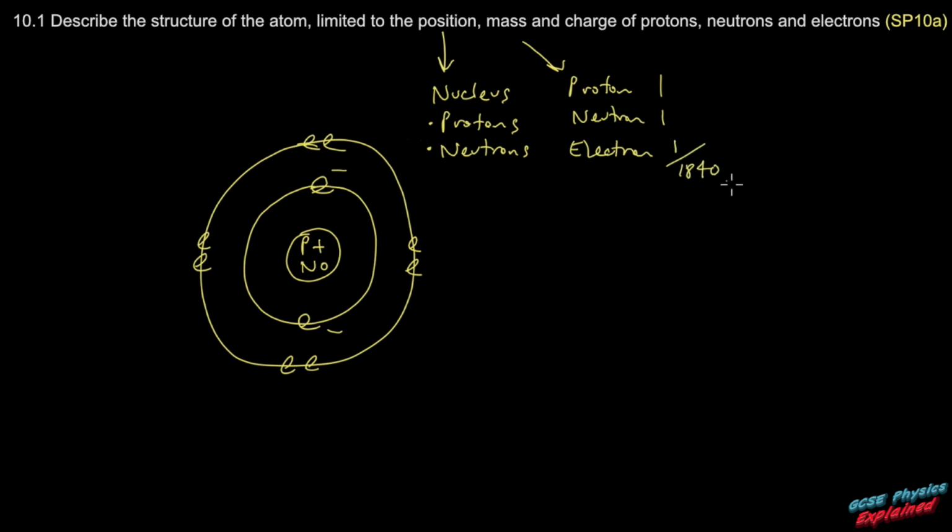So it's nearly 2,000 times lighter than a proton and a neutron. The charge on a proton is +1, the charge on a neutron is 0, the charge on an electron is -1. And where do you find the electron? In the shells around the outside.